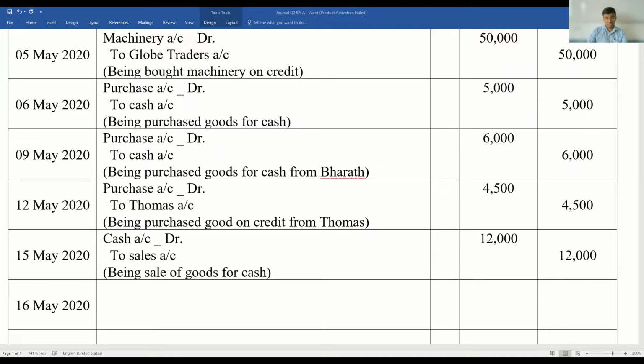Sold goods to Karthik for cash. So here it is exclusively mentioned that the sale is for cash. It is understood it is a cash sale. So again, here it will be cash account debited.